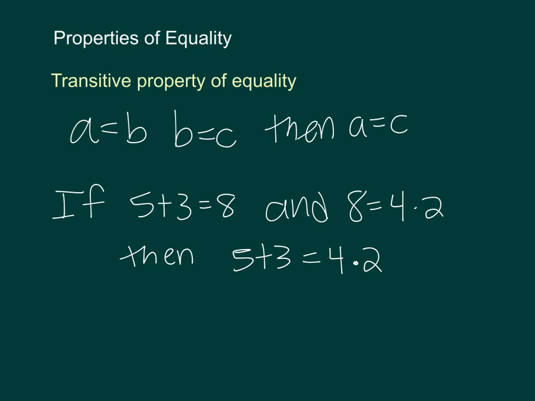So you look for what they have in common. Both of these, this quantity and this quantity, both equal 8. So since they both equal 8, they have to equal each other, and that's the transitive property.